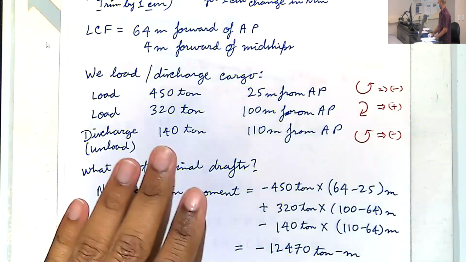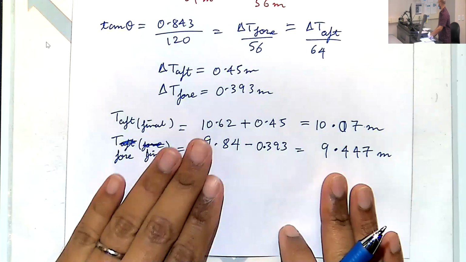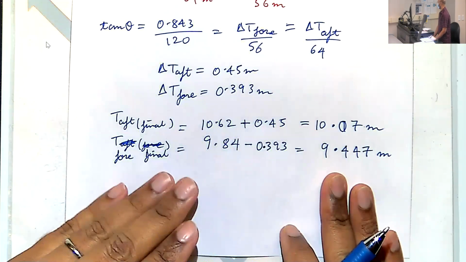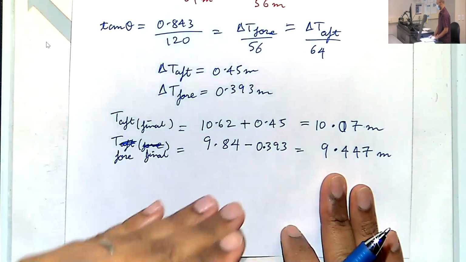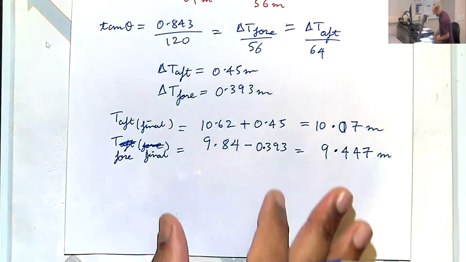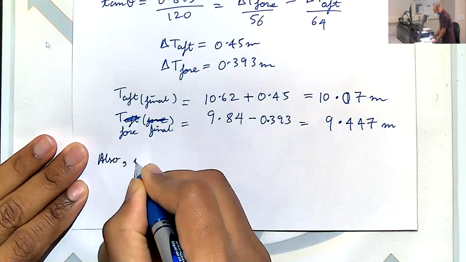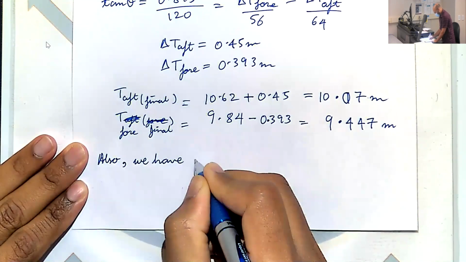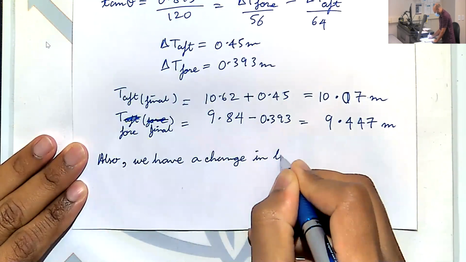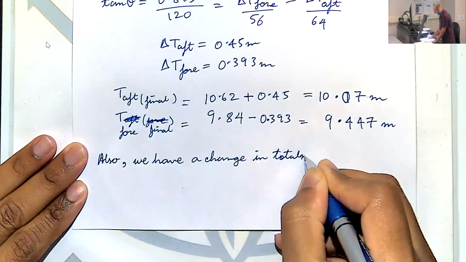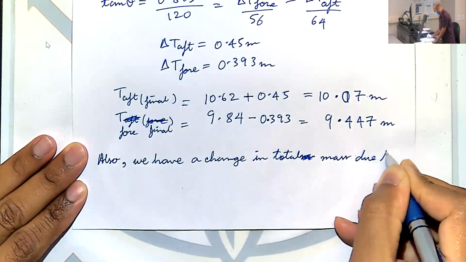So we need to account for that as well. The new drafts due to rotation, we've figured out what the change is. But due to mass loading and unloading, we have to add or subtract a constant value. So we have a change in total mass due to loading and unloading.